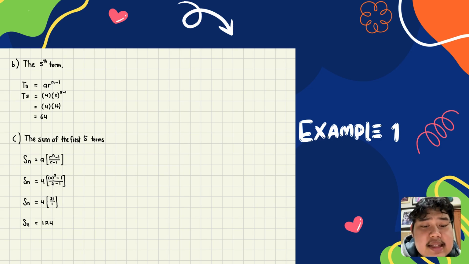So here you can see our A, the first term, is 4, and the R common ratio we change it with 2, and the fifth term we're going to change with the n, fifth, minus 1. So divided by 2 minus 1, we will get 4 in the bracket, 31 divided by 1 in bracket. So the answer is 124.